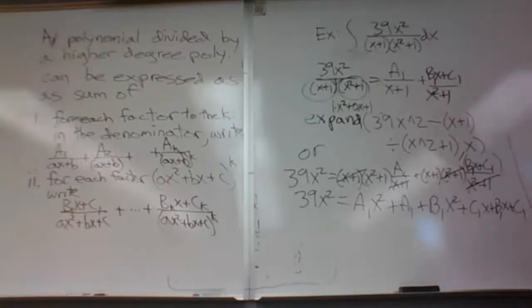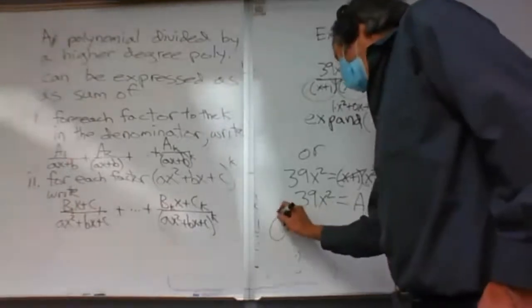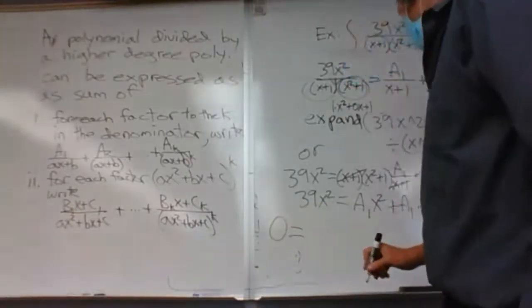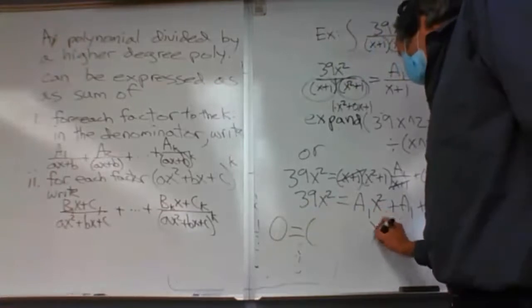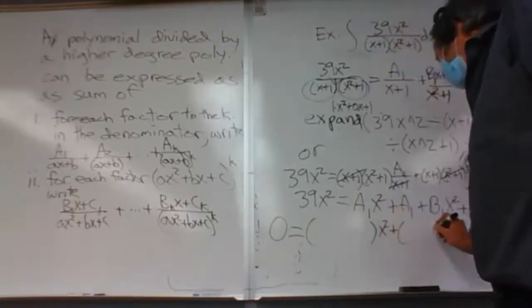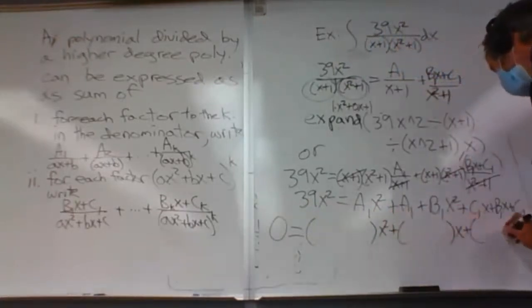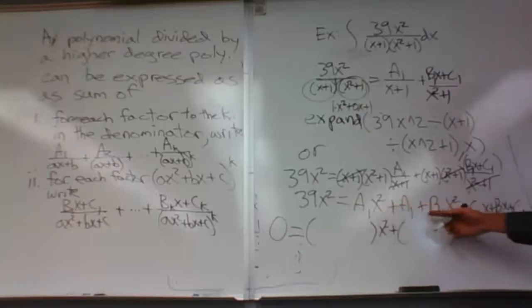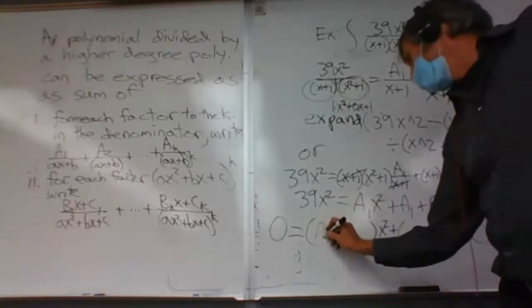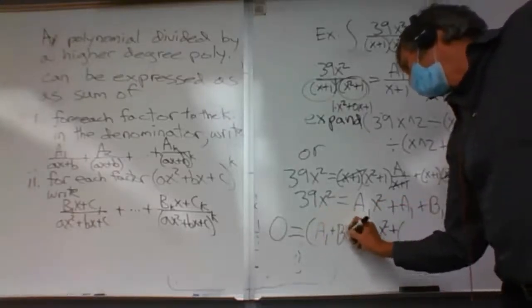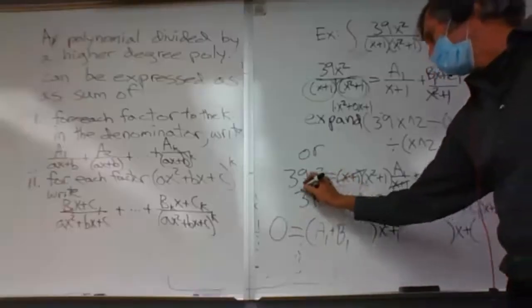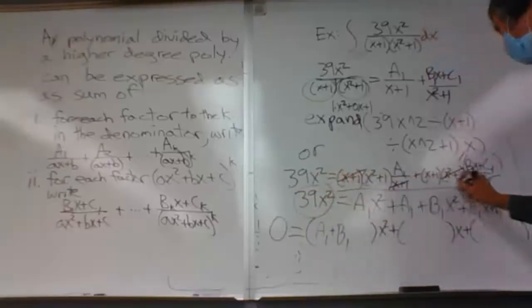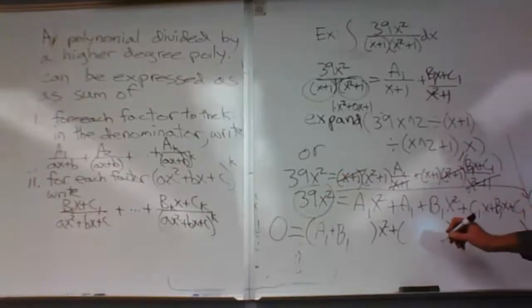So there it is. And now you group like terms and put 0 on one side. So now I've got something times x squared plus something times x plus the constant terms. And what multiplies x squared? Well, I've got a1x squared and I've got b1x squared. So I've got a1 plus b1. And I want to get 0 on the left, so I'm going to take this 39x squared and subtract 39x squared from both sides.